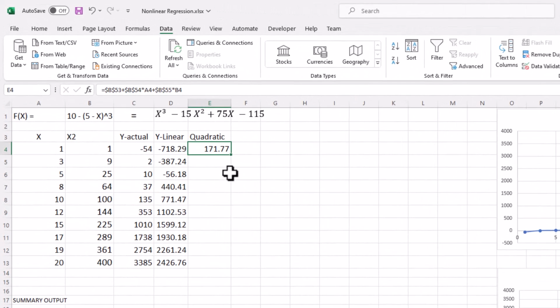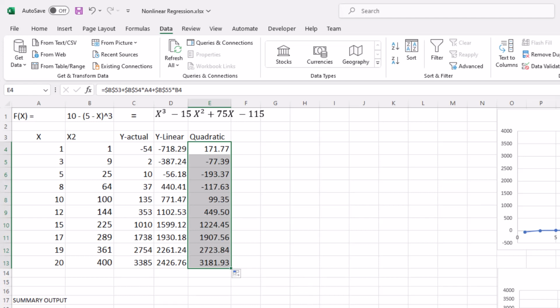We get 177 as the predicted value for x equal to 1. And we'll just copy the formula down here, and these are our predicted values based on a quadratic function.